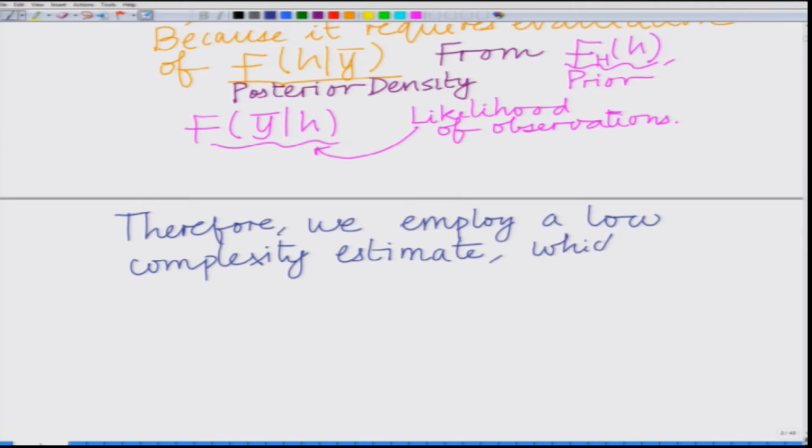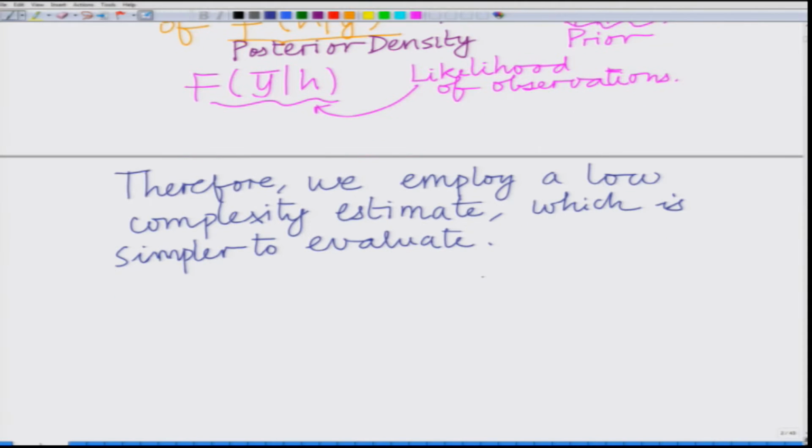However, because it is not the optimal MMSE estimate, it results in a slight loss of performance, that is, an estimate of slightly lower accuracy, but we accept that because it is slightly simpler to evaluate.